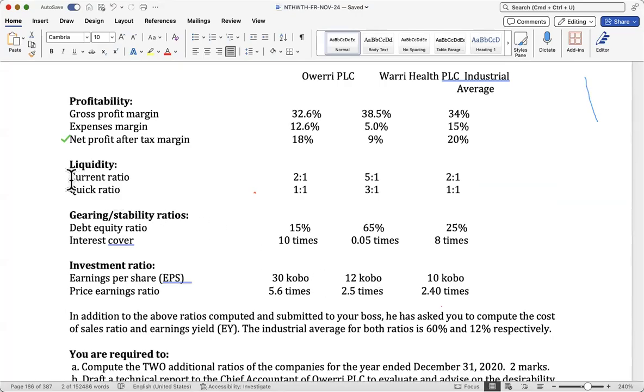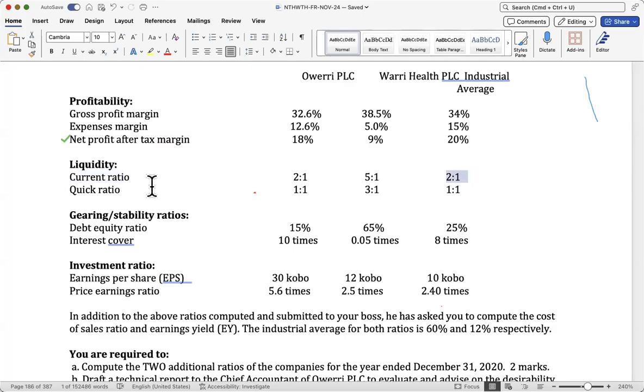When you get to the current ratio, this ratio looks at the availability of current assets to settle short-term liabilities, and Worry is doing 5-1, while the industry is doing 2-1. It shows that Worry is doing better than the industry. Finish.